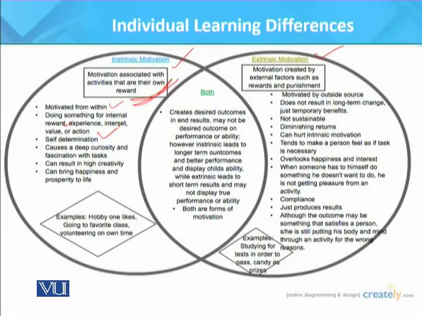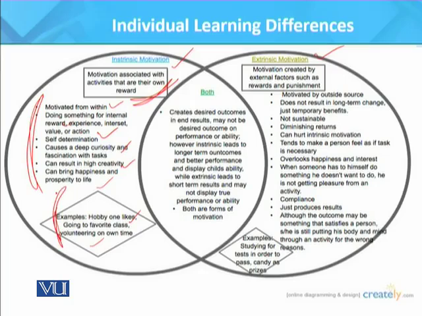It causes a deep curiosity and fascination with tasks, can result in high creativity, can bring happiness and prosperity to life. So basically, all these factors are internal factors. And the examples can be a hobby one likes, going to a favorite class, volunteering on one's own time. So this is one's personal domain. This is something which is personal, which is internal.